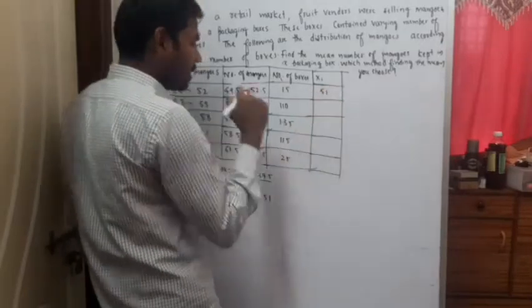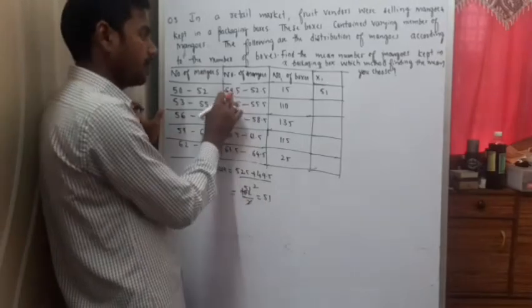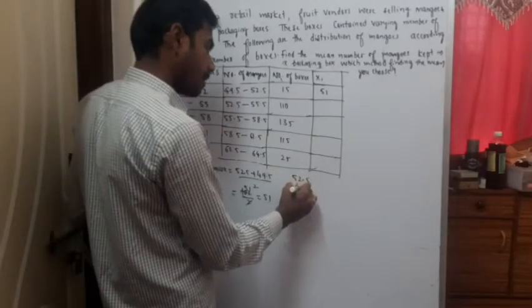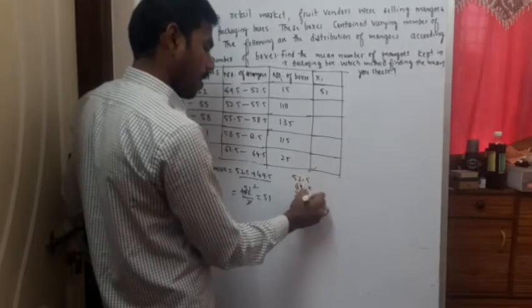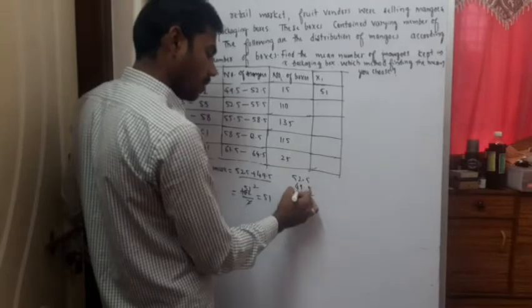So what is the difference? 52.5 minus 49.5. 5 minus 5 is 0, 12 minus 9 is 3, 5 minus 3, 4 minus 4 is 0.